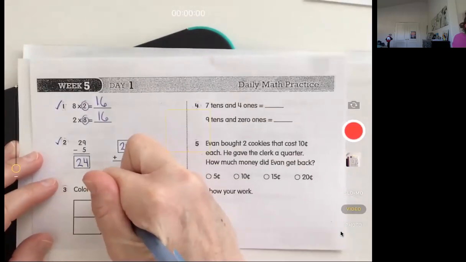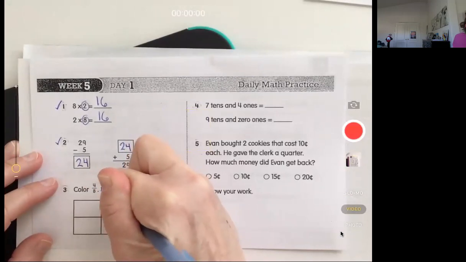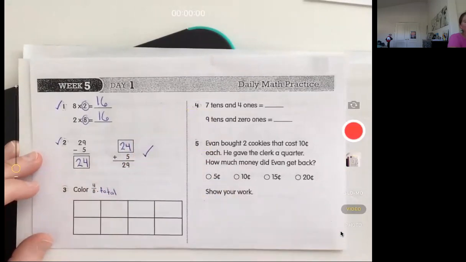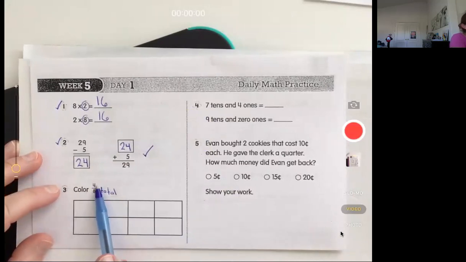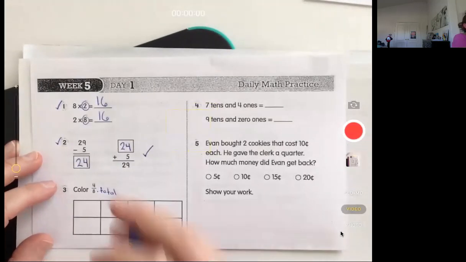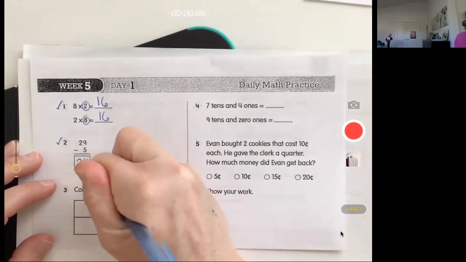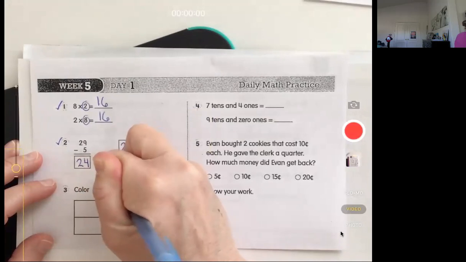The bottom number of a fraction tells us the total number of pieces, and the top number tells us how many parts of the whole. So this is the total, and the top is the parts.